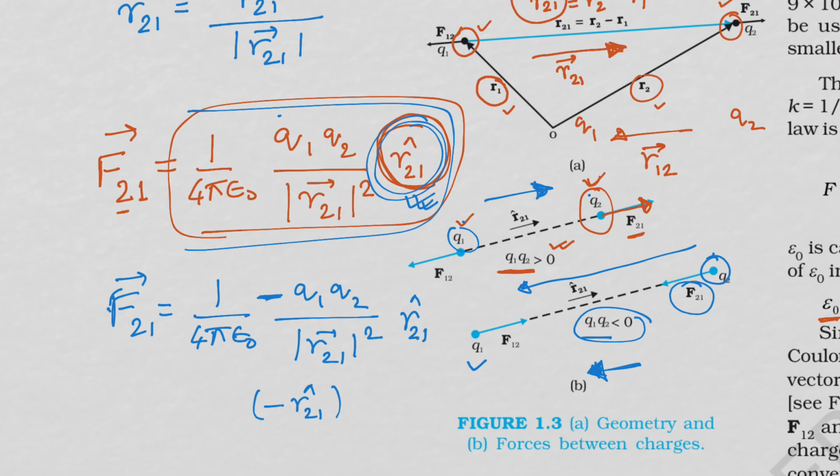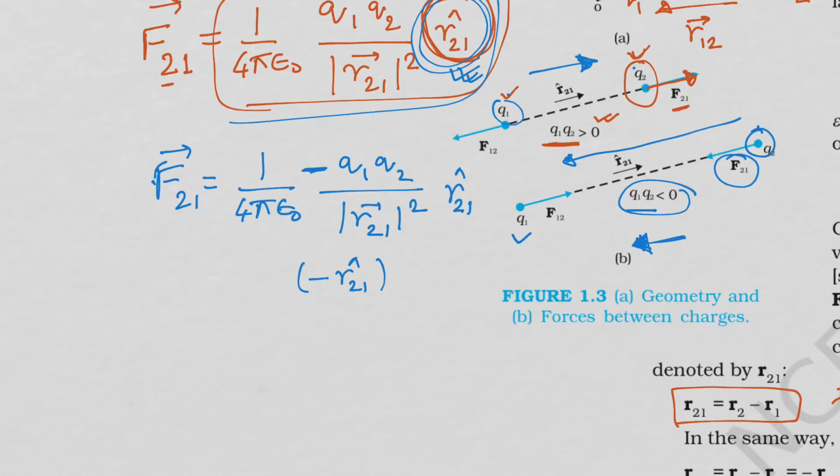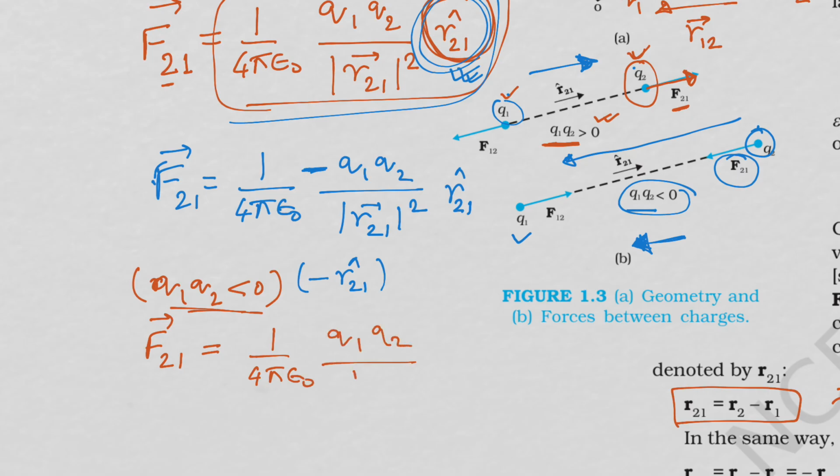So this is the significance of these direction diagrams. Further we can write that F21, in the case when q1 multiplied by q2 is less than 0, unlike charges, is 1 by 4 pi epsilon naught q1 q2 over the magnitude of r21 squared.